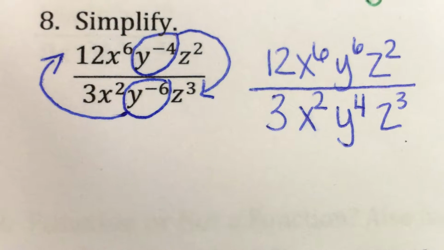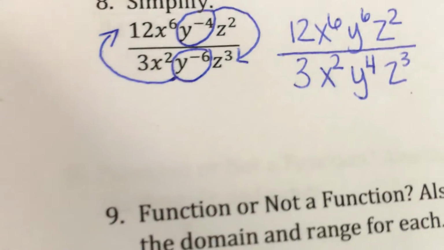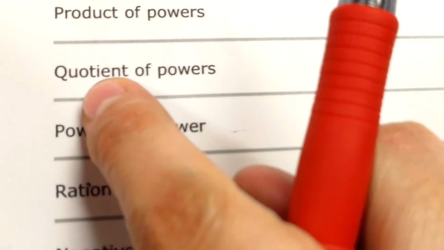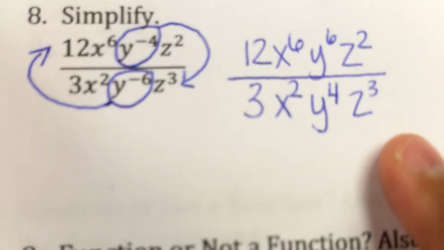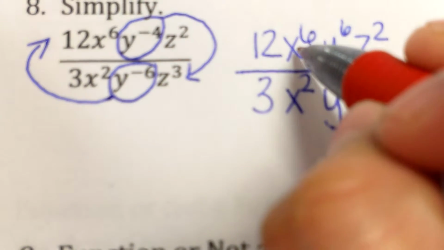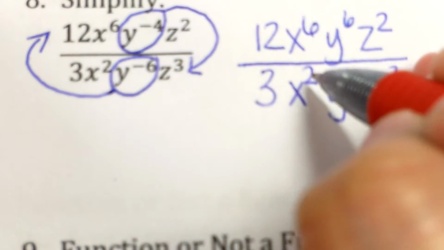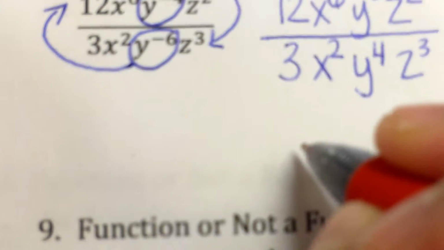Okay, so whenever you divide, what do we do with exponents? Let's go ahead and find quotient. Quotient means divide. Quotient of powers, that's the second one. Here we go. What do you do with exponents? You subtract them. So here we have x^6 over x^2, that becomes x^4.